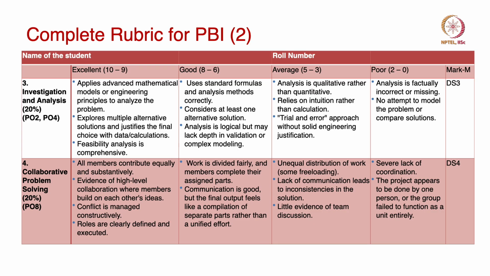Fourth one is collaborative problem solving. All members contribute equally and substantively. Evidence of high-level collaboration where members build on each other's ideas. This can get reflected through a reflective journal as well. Conflict is managed constructively. That is one very important characteristic in professional life. Roles are clearly defined and executed.